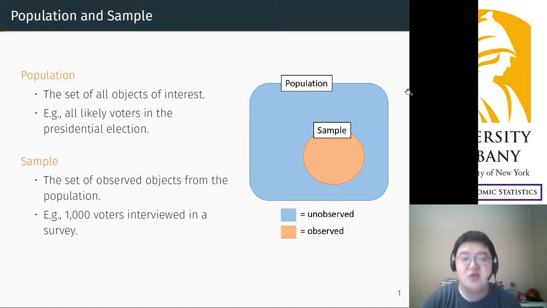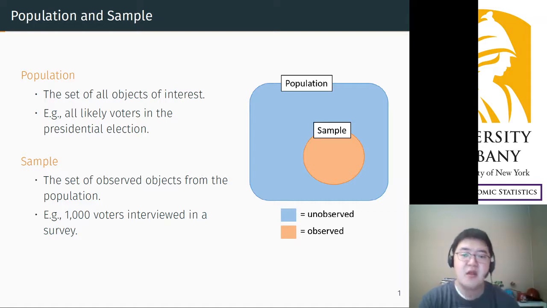This is a simple diagram that illustrates the relationship. I don't know how many voters are going to vote in this election, but at this point, we cannot interview all the voters. We cannot observe all the votes.